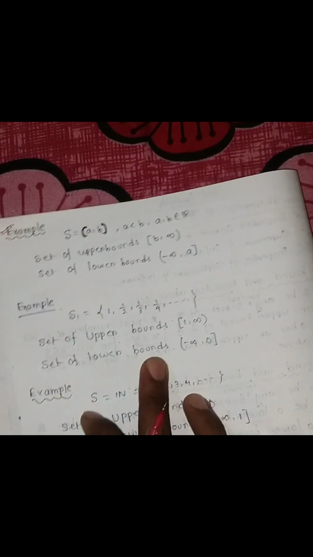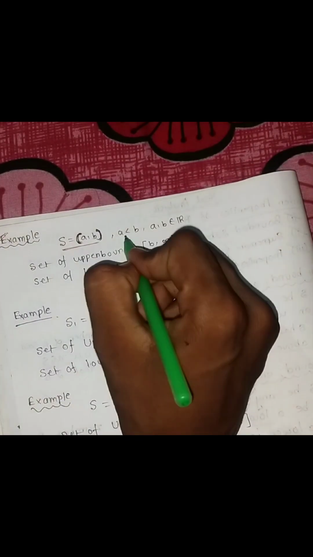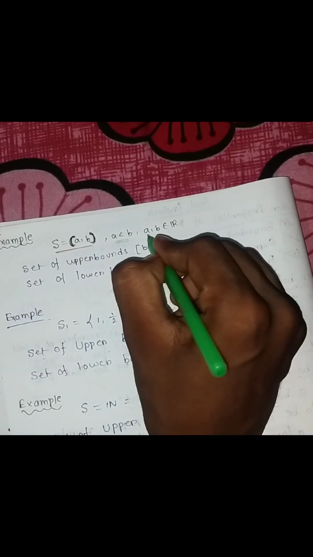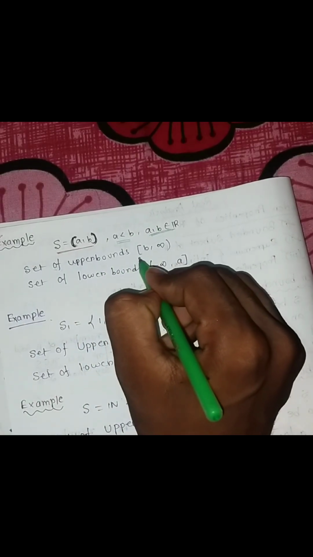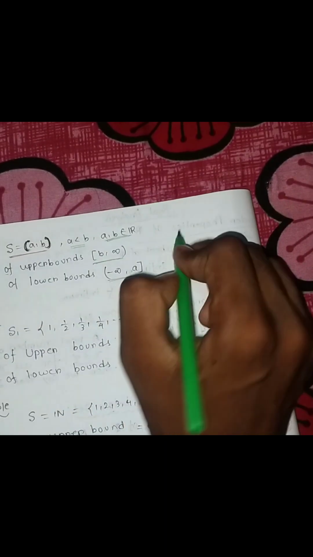Example: let H be any subset of the real numbers, with a less than b, and H equal to the open interval (a, b), where a and b are real numbers. Then the set of all upper bounds is [b, infinity), which has an infinite number of elements, and the set of lower bounds is (minus infinity, a].